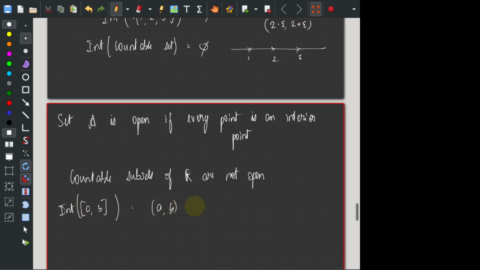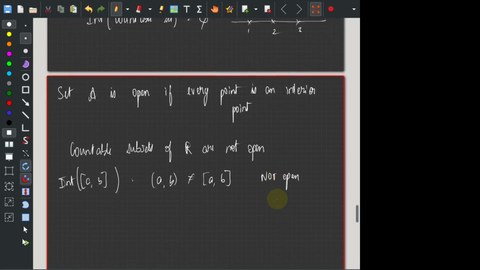Is this equal to the set itself? So this is not open. Is a neighborhood open? It is open. Well, it could be for general spaces, it need not be a subset of R.